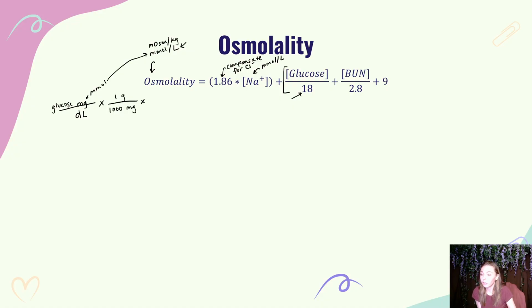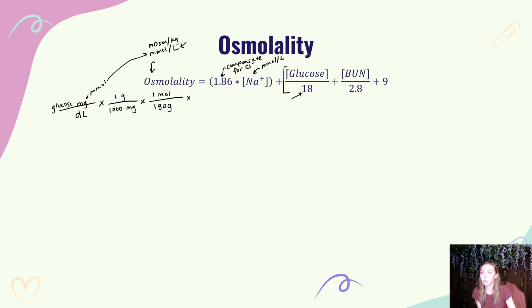Now I need to convert grams to moles. For glucose, the molecular weight of 1 mole of glucose is 180 grams per 1 mole.